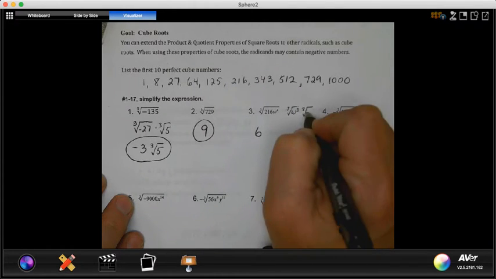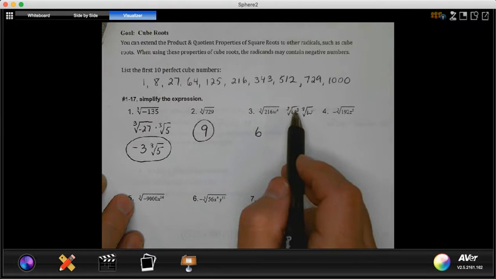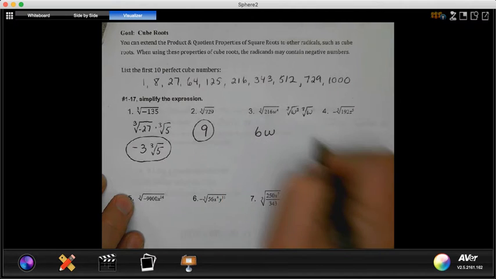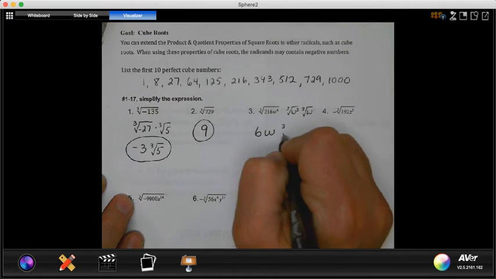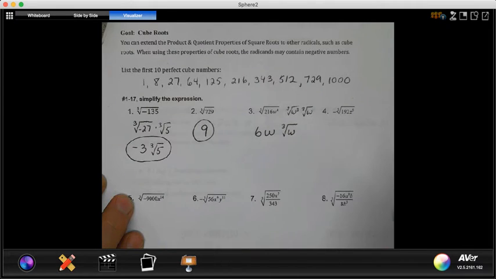If I took 3 of them, I'd have 1 left. Then the cube root of W to the third is just W. They cancel, and you're left with the cube root of W underneath. So that's the long way of doing it, you just break it apart. How many perfect cubes can you pull out?